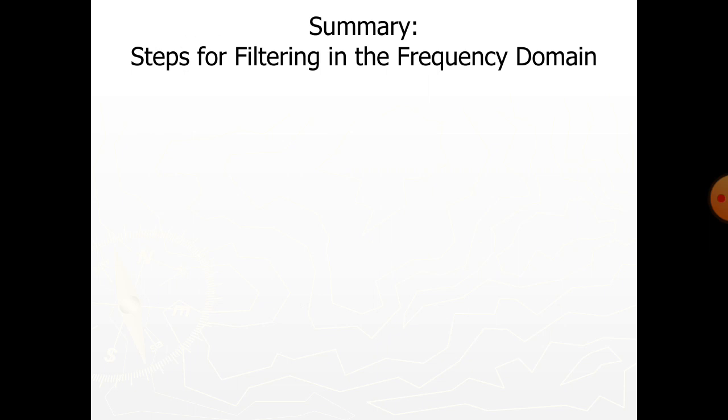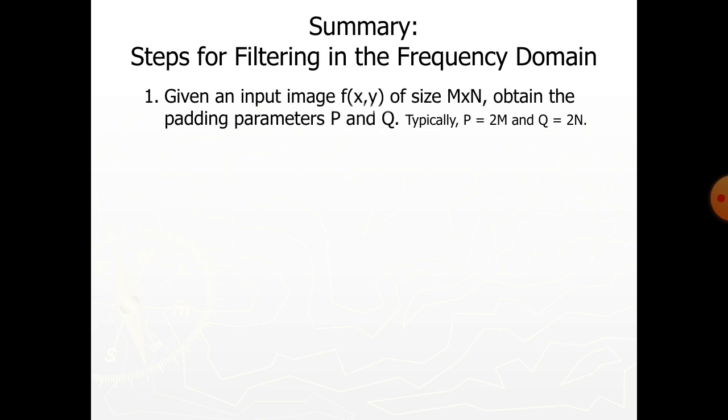Now the summary of steps for filtering in the frequency domain. These two sections can be summarized as follows. First, given an input image f(x,y) of size M by N, obtain the padding parameters P and Q from equations 31 and 32, where P is equal to 2M and Q is equal to 2N.